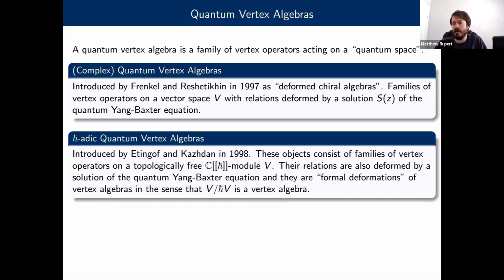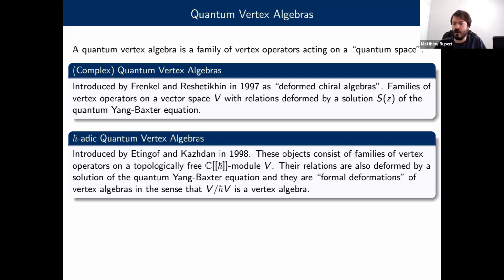And the second example, which I'll call h-adic quantum vertex algebras, are the examples that I'm going to be talking about today. These were introduced in 1998 by Etingof and Kazhdan. They were motivated by the work of Frenkel and Reshetikhin, and these are families of vertex operators living on a topologically free module over a formal power series ring.